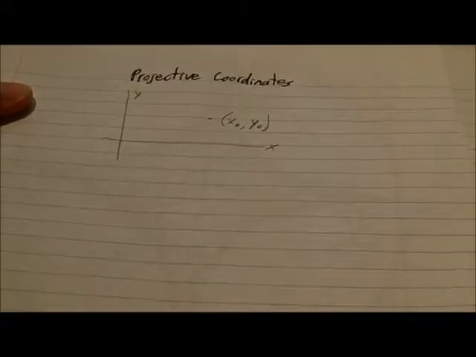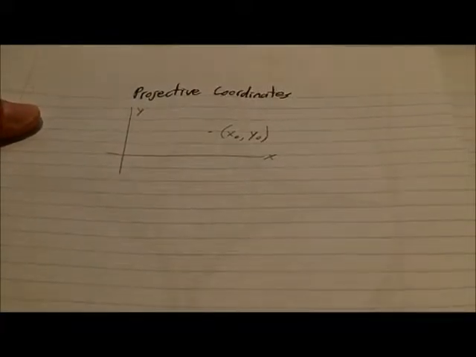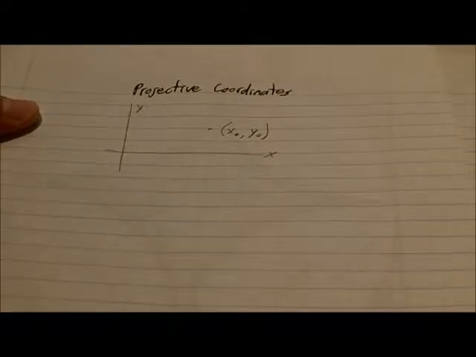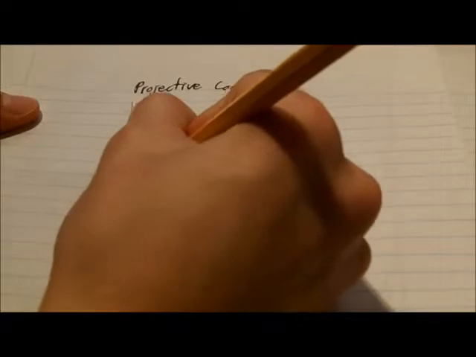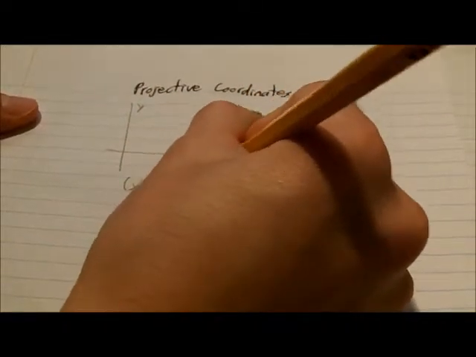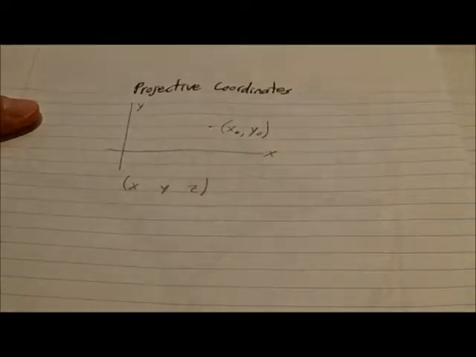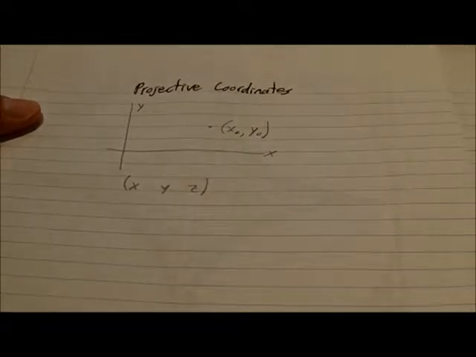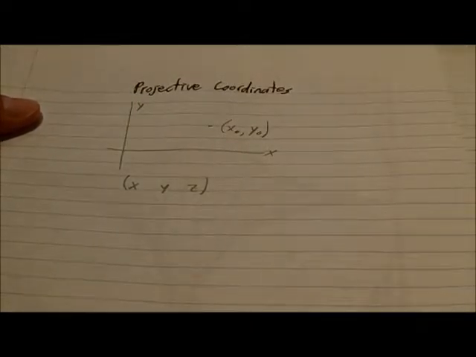But for the projective plane, we will be introducing a third variable, the z variable. So we'll have an x variable, y variable, and z variable, and these are usually separated not by commas, but with colons.